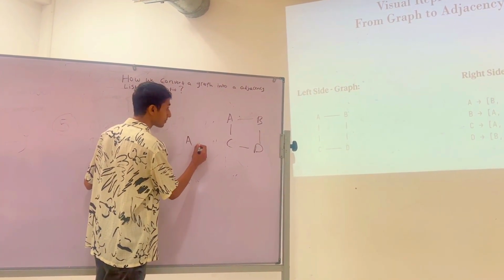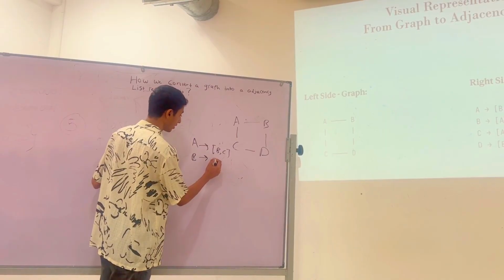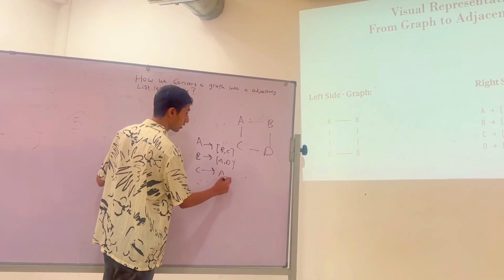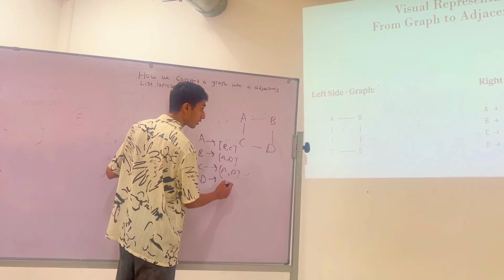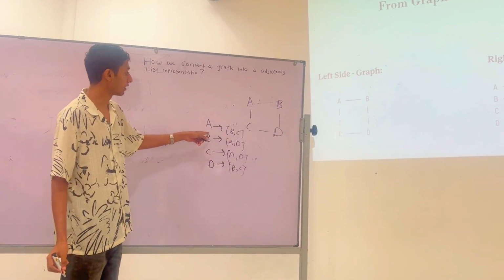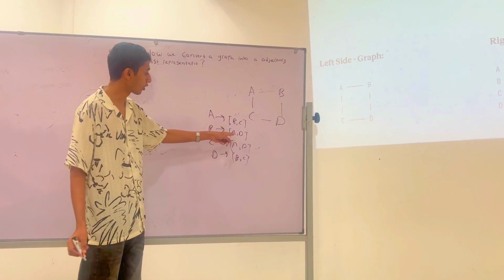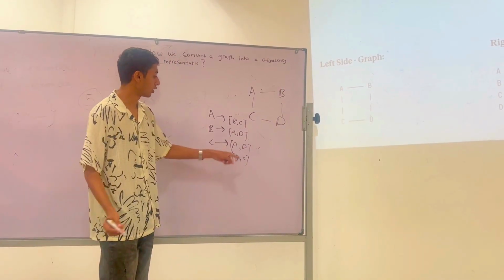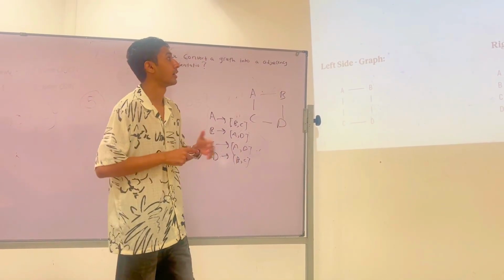So it's like A: B, C. B: A, D. C: A, D. D: B, C. So vertex A has a list of B and C, vertex B has in its adjacency list A and D, vertex C has A and D, the same, and vertex D has B and C. So this is the understanding of the visual representation from graph to adjacency list.